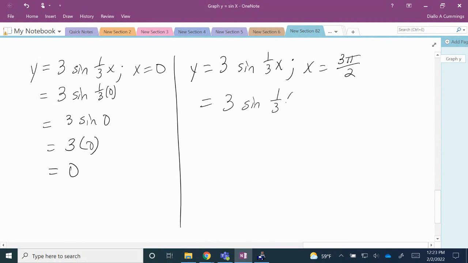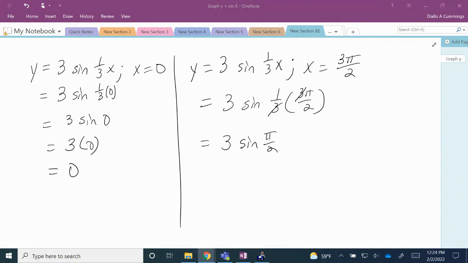So that's 1/3 times 3 pi over 2. Notice that the 3's will cancel, so I'm left with pi over 2. Notice how it reduces down to the values that are in the unit circle.